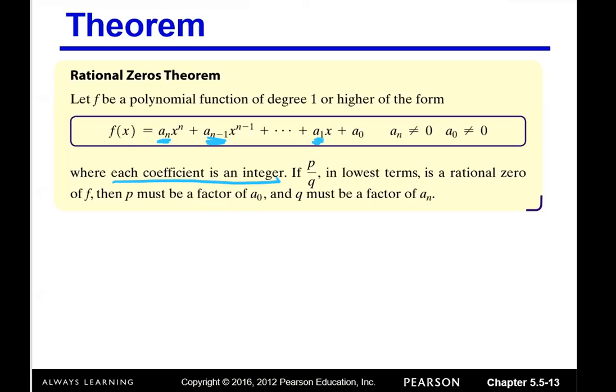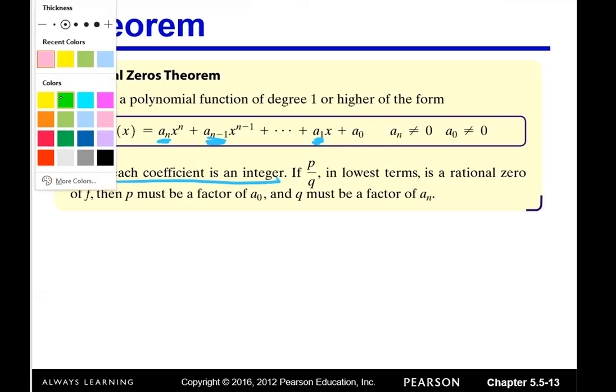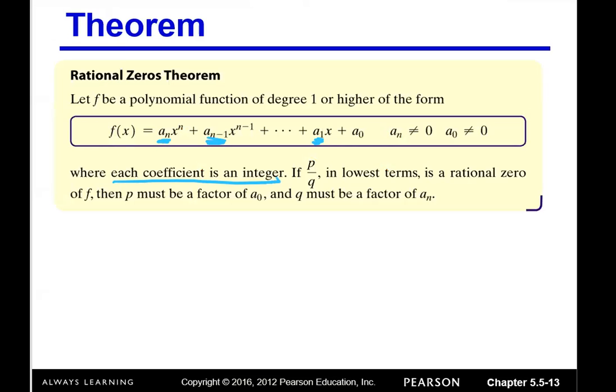If p over q in lowest terms is a rational zero of f, then p must be a factor of a sub 0, which is your constant, and q will be a factor of a sub n, which is your leading coefficient. I'm going to try to use highlighters on this one.